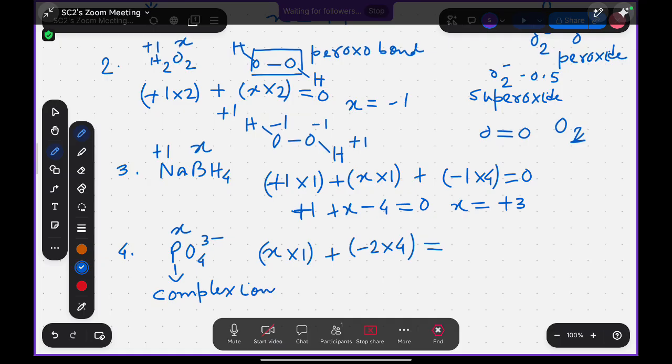Complex ions means that there are more than one element. Here we have two types of element, phosphorus and oxygen. One phosphorus and 4 oxygen atoms together make the phosphate ion such that they carry a total of -3 charge. So X into 1 plus -2 into 4 is equal to -3.